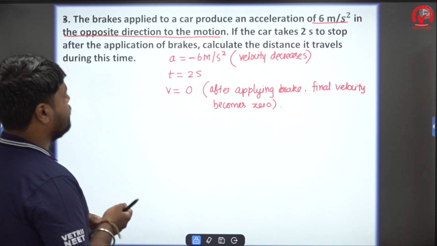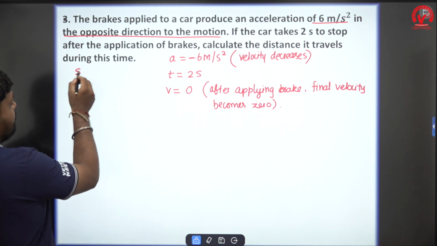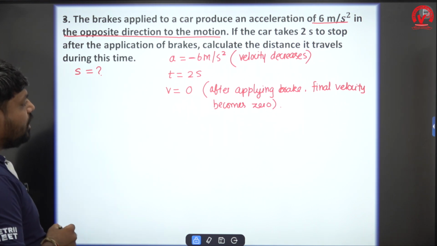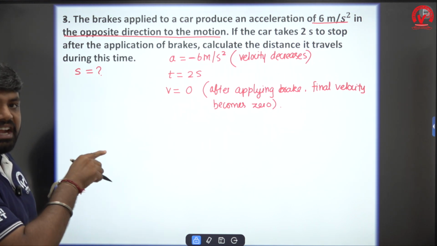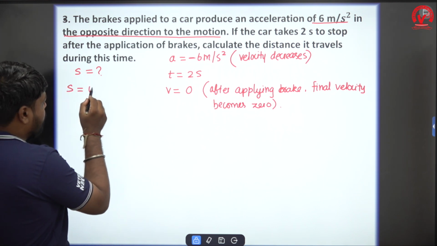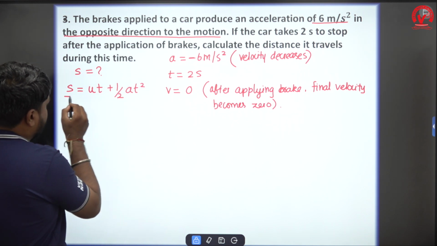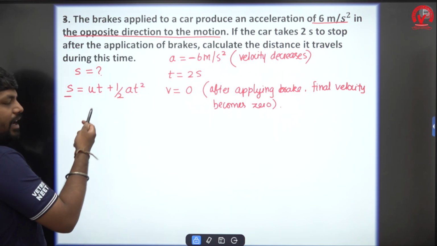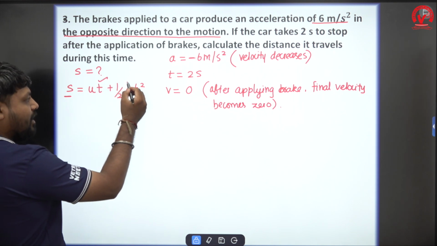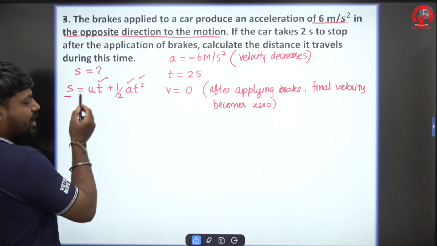Next, calculate the distance traveled during this time. s is equal to question mark. Do we have all the data to find the displacement? What's the displacement formula? s is equal to ut plus half at square. We have time and acceleration, but do we have u here?